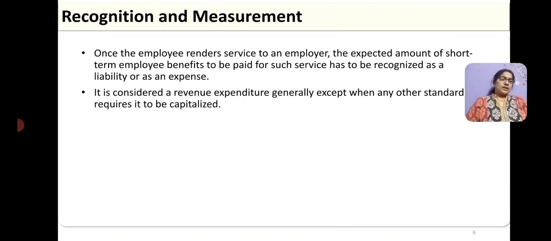Then how do we recognize it? For any of these items, whether short-term benefits, long-term benefits, termination benefits or post-employment benefits, the question is how do we recognize and measure it in the books of accounts? Where does it have to be shown?